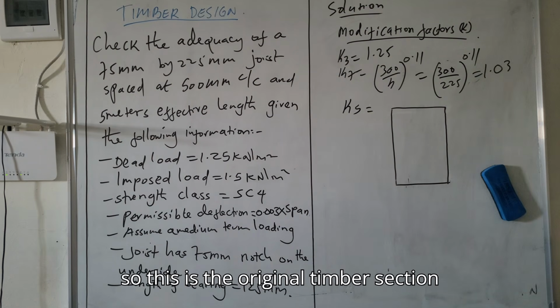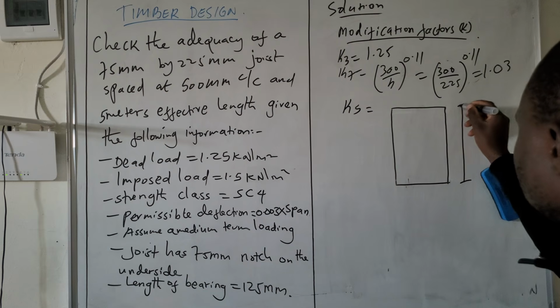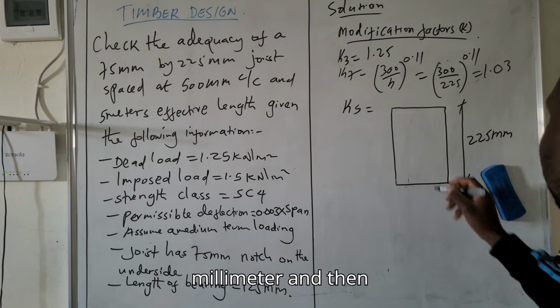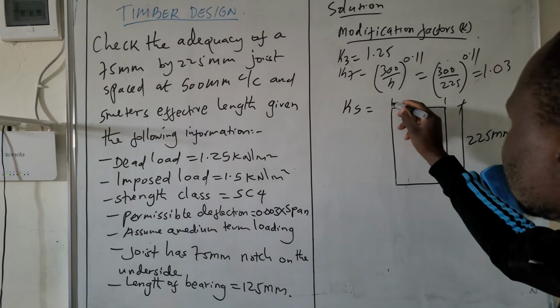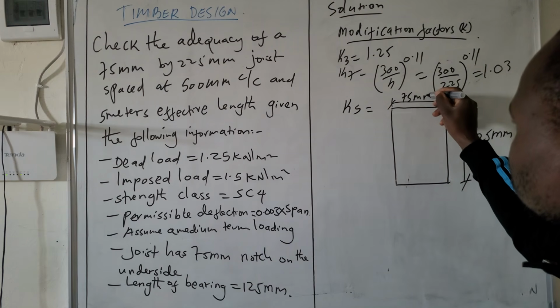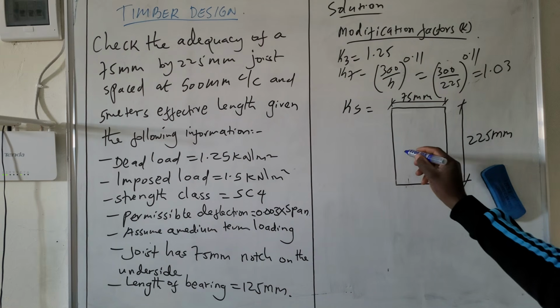So this is the original timber section. So we have 225 millimeter, and then 75 millimeter. But the timber is notched underside by 75 millimeter. So let's say this is the notch.